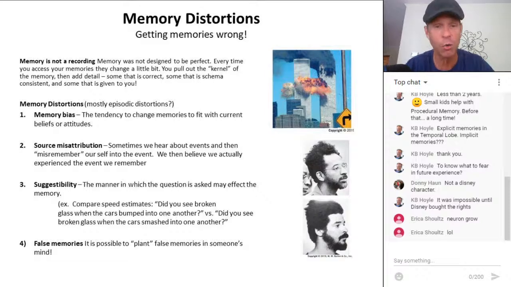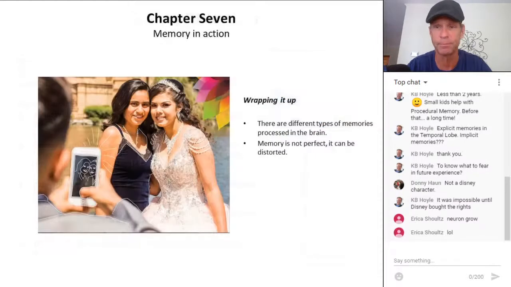Do you folks have any questions about this week's lecture? I just want you to know that there are different types of memories processed in the brain. We've learned them from case studies. We have explicit memories versus implicit memories. Explicit memories can be divided into semantic and episodic knowledge. The difference with explicit memories is they need to be recalled into consciousness to be useful.